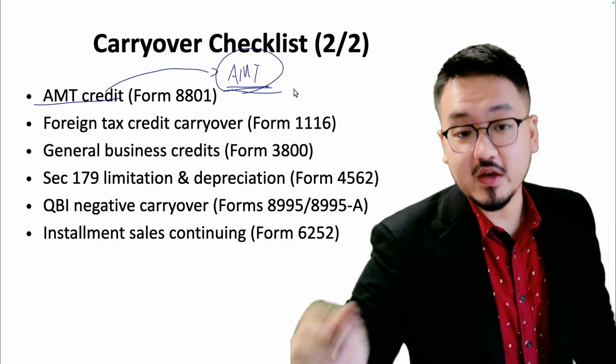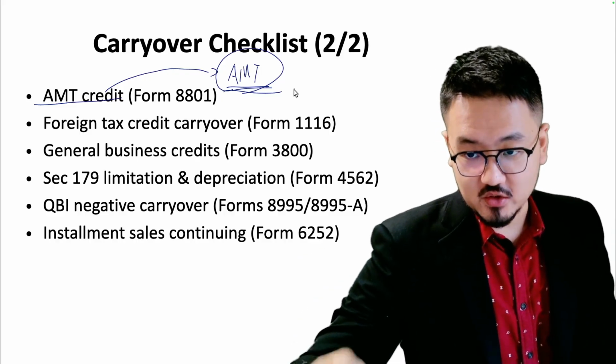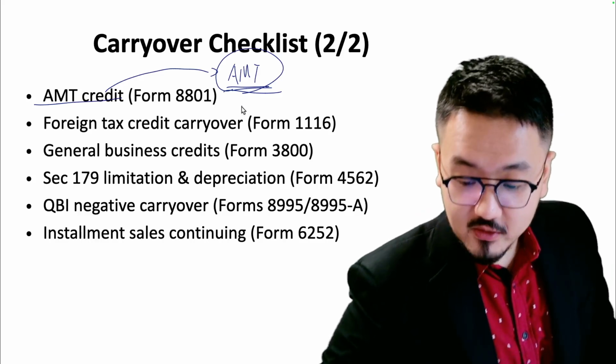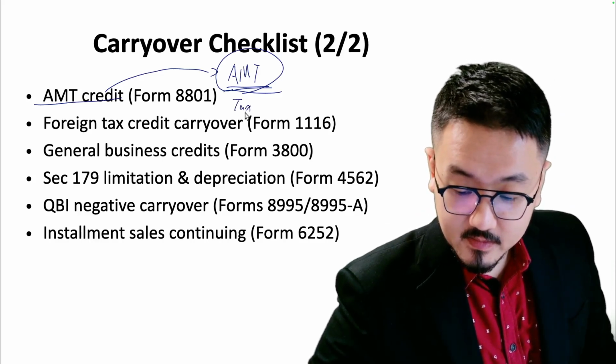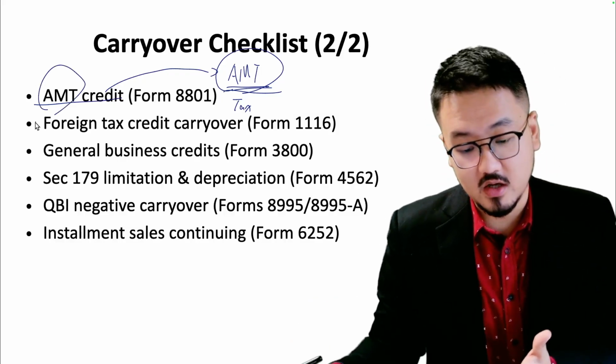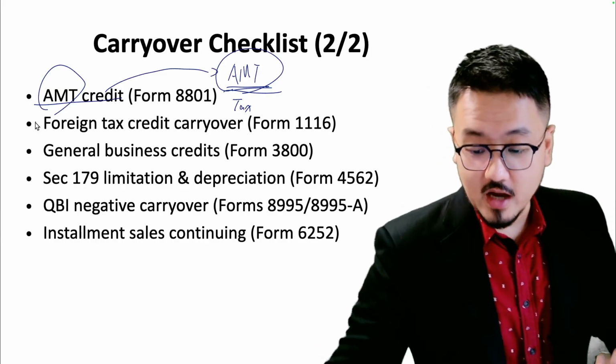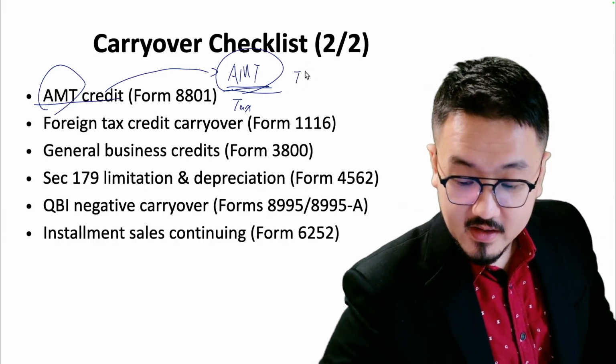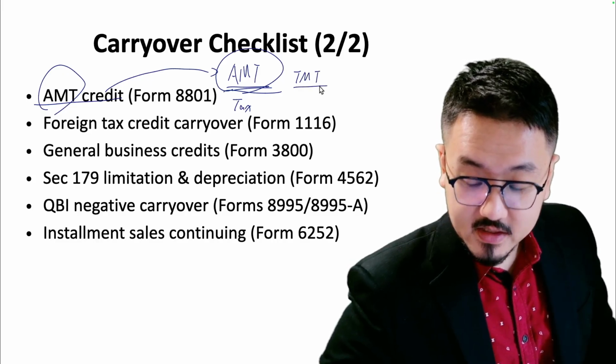If you calculate your tax for 2025, there is a regular tax, and before that you calculate the tentative minimum tax, TMT.